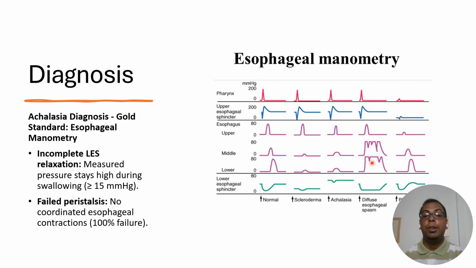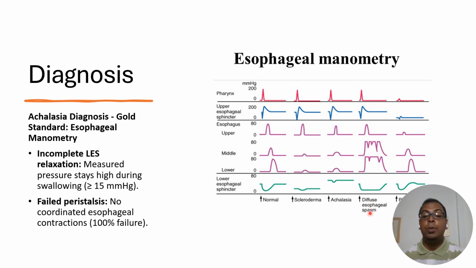So another pathology here, which is also important for the USMLE, would be diffuse esophageal spasms. If you look at the manometry done on diffuse esophageal spasm, you see as a patient takes a swallow, you see that there's multiple spikes of contractions here.